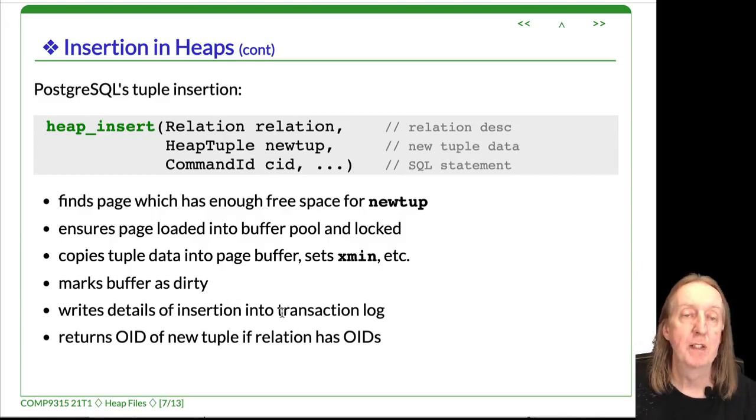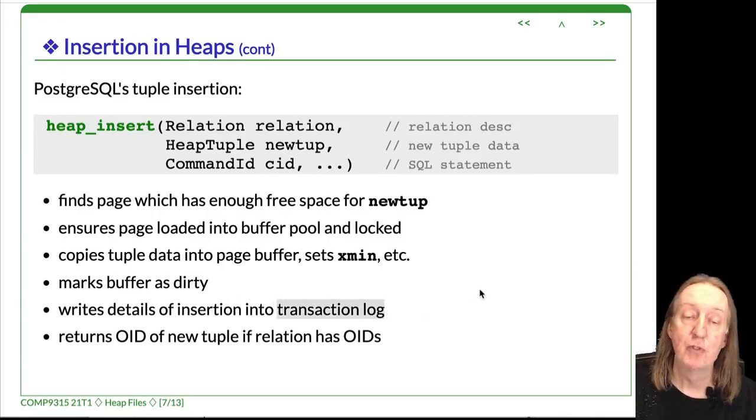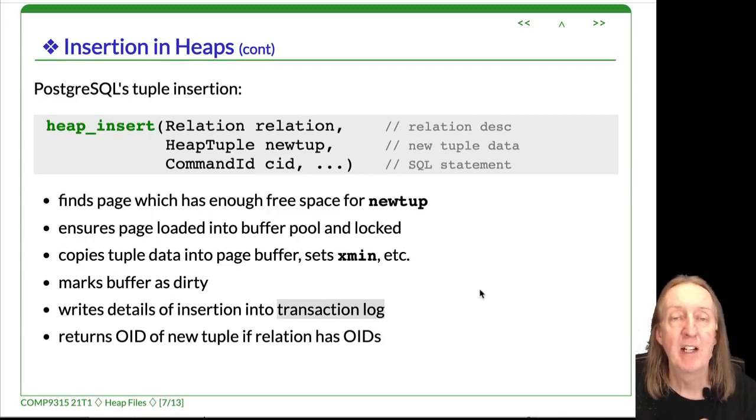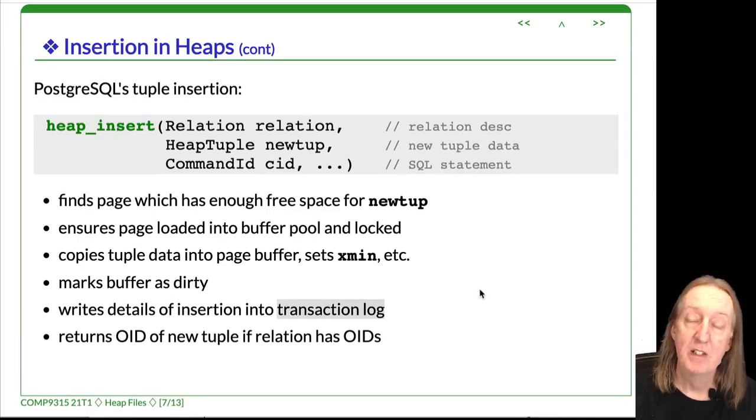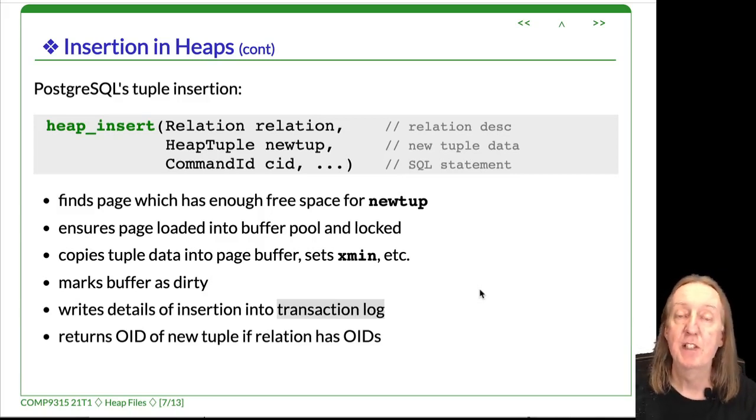The other thing that Postgres has to do is to put information about the insertion into the transaction log. So if this is part of a larger transaction and somewhere along the line the system crashes, we need to know this before it commits.